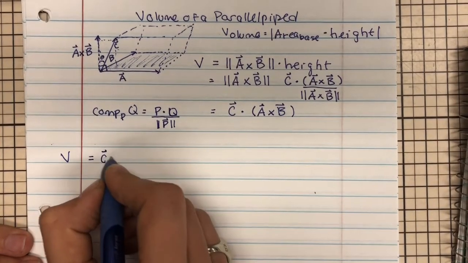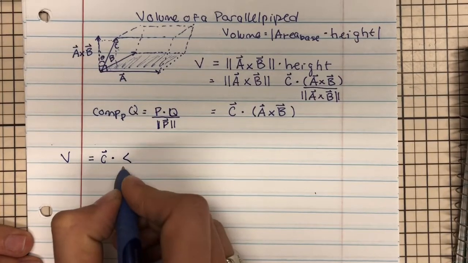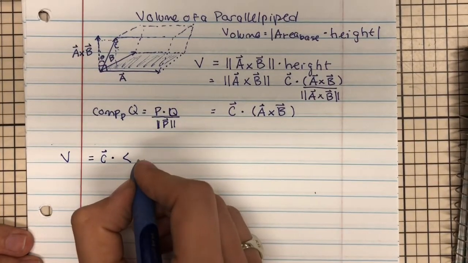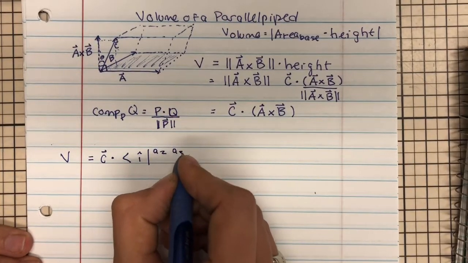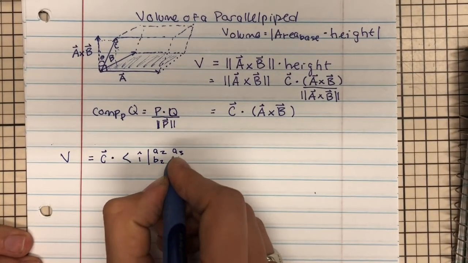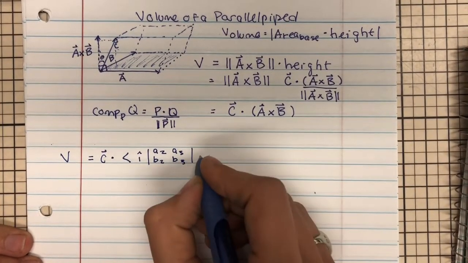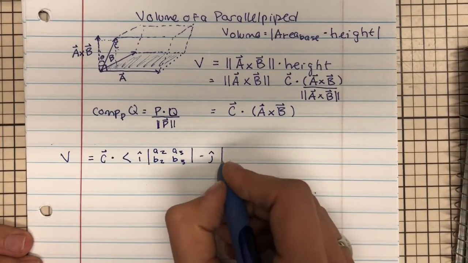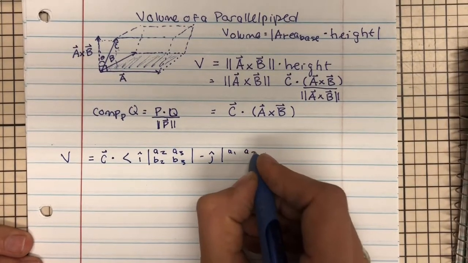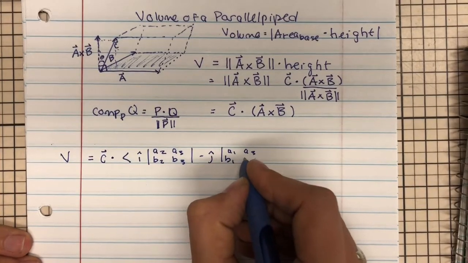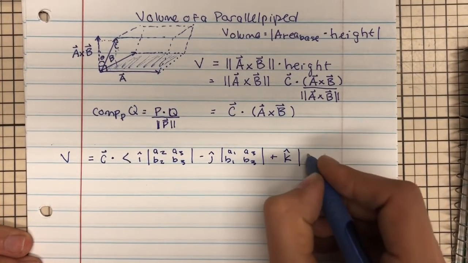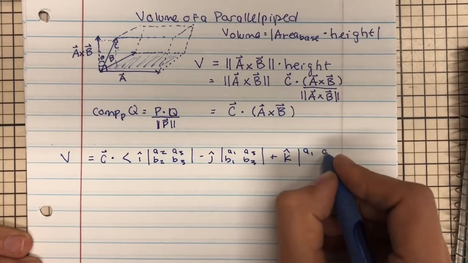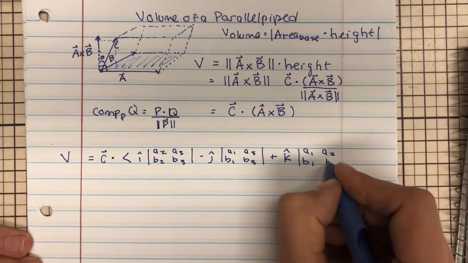So I want to dot the vector C with I, A2, A3, B2, B3, minus J hat, A1, A3, B1, B3, plus K hat, A1, A2, B1, B2.